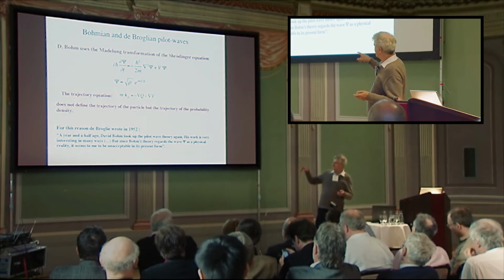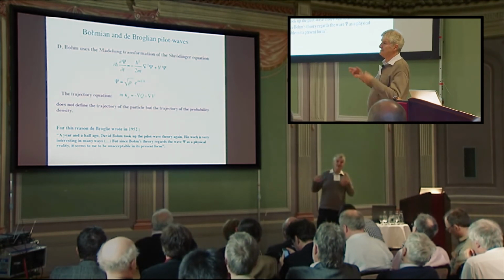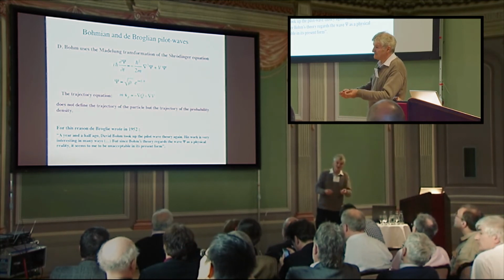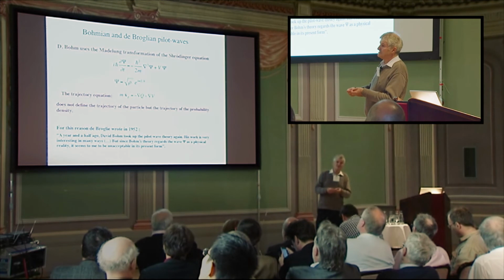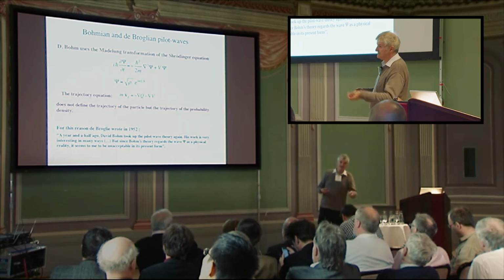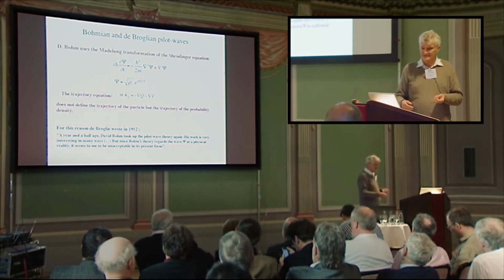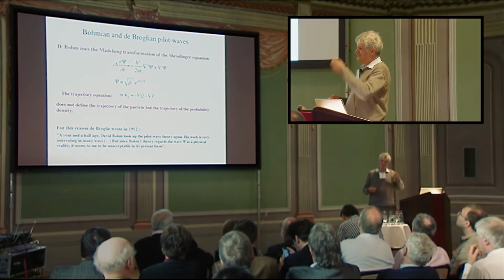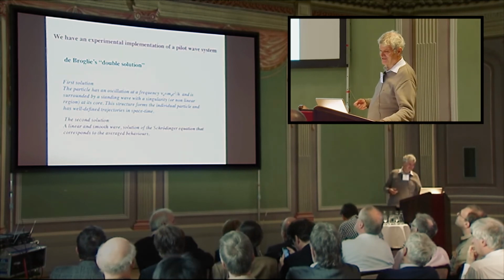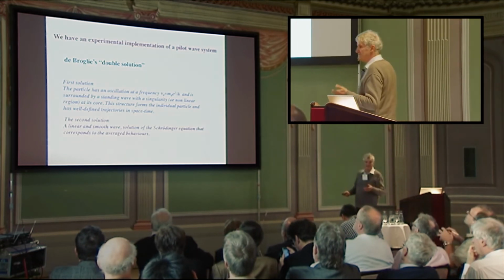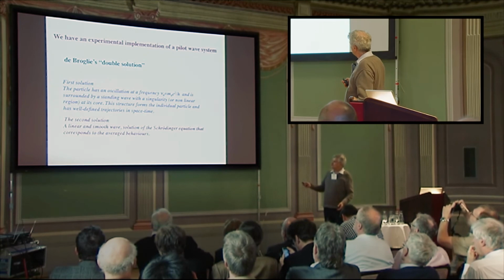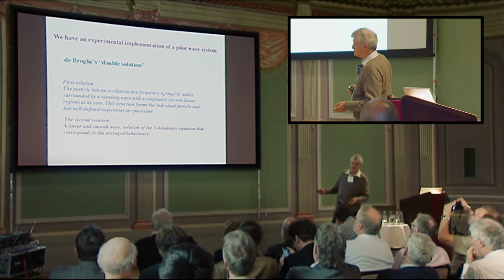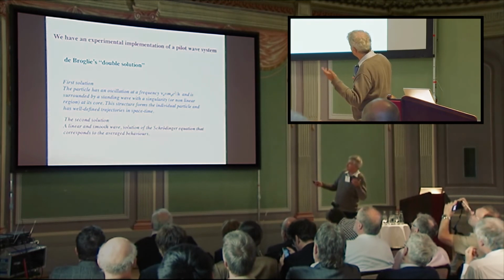The reason is that if you start from the Schrödinger equation, you deal with probabilities, and therefore you get trajectories of probabilities. What de Broglie said is that what he had in mind is that a real particle is guided in real space by a real wave. He proposed, but with no proof, that there were two solutions, which he called a double solution.